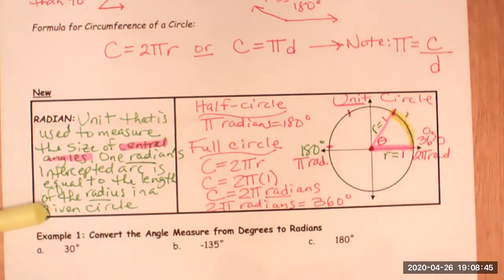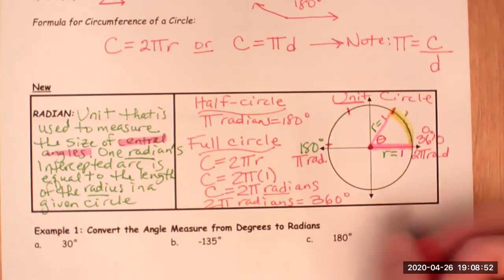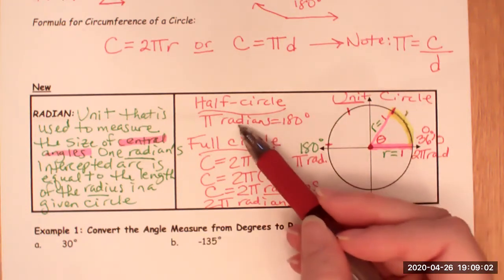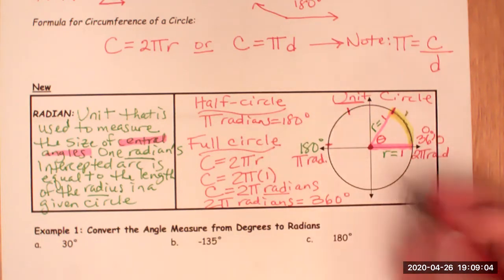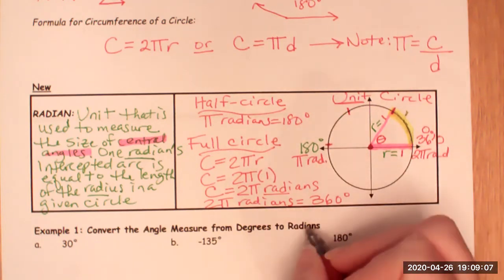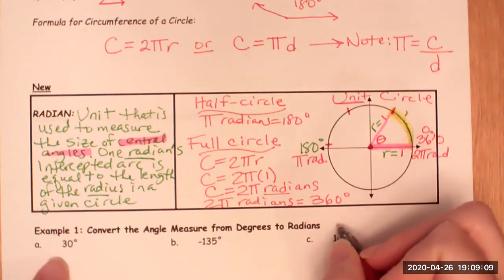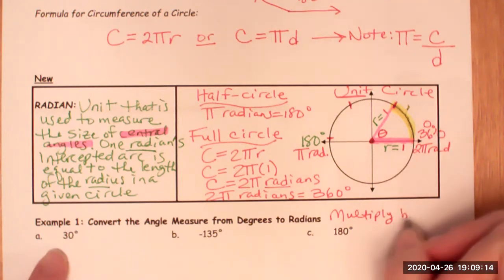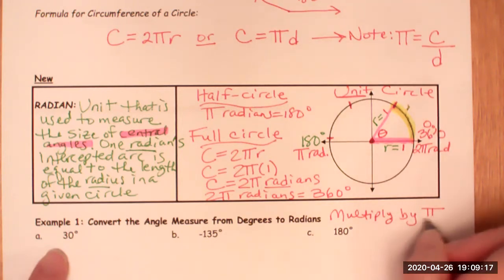Before we move on to anything else, we're going to practice converting back and forth between degrees and radians. In order to convert back and forth, we're going to use conversion factors. Because we know that there are pi radians and 180 degrees, to go from degrees to radians we take the value in degrees and multiply by pi radians per 180 degrees, pi over 180.